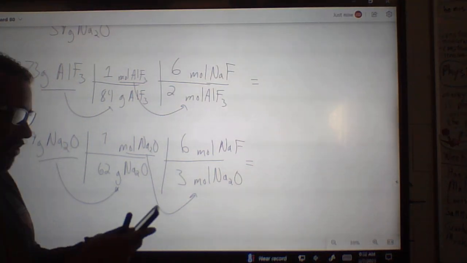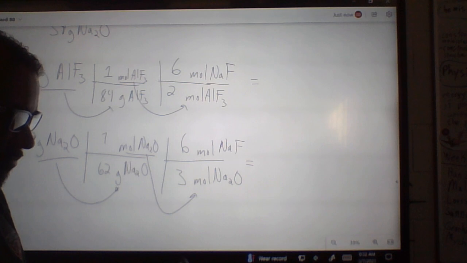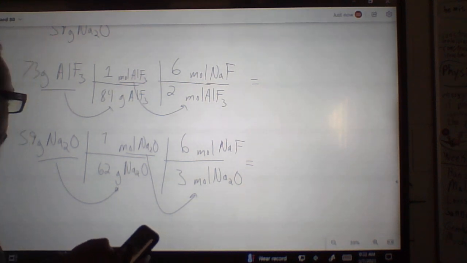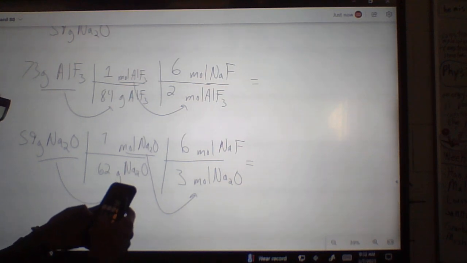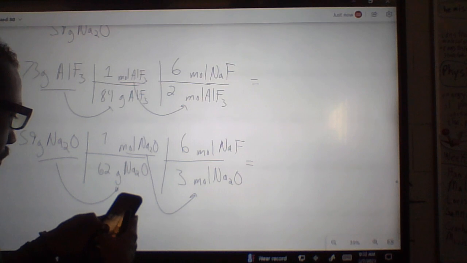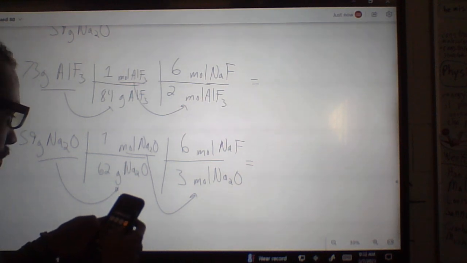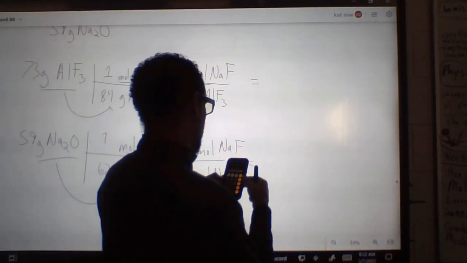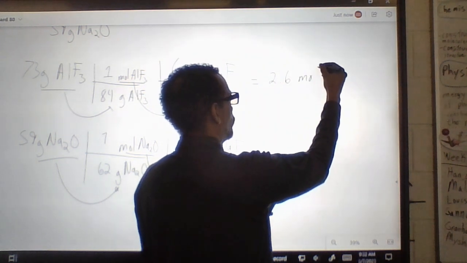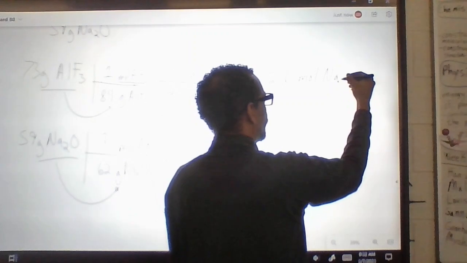This is still easy. It's just a series of fractions. I'm just going to put it in the calculator. So here we get 2.6 mole NaF.